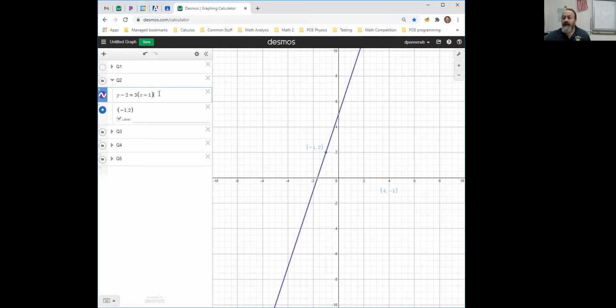And one of the things that I personally like to do is go ahead and write it both ways. So that was my point slope form. And then I'm going to write my slope intercept form, which I had y equals 3x plus 5. And you're going to notice that that black line, 3x plus 5, landed right on top of the other one. So it tells me I know I did that problem well.